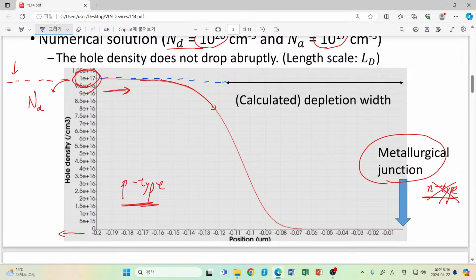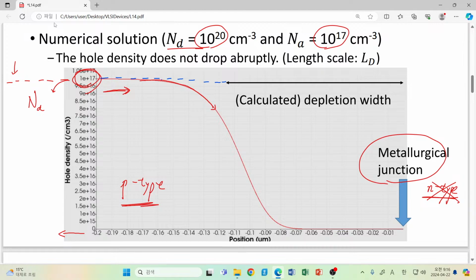Up to a certain point, the starting point of our depletion region, the hole density is quite close to Na. After that, once this depletion region starts, we assume an almost immediate depletion of hole density, and beyond this point there is no hole at all. That was the assumed profile of our hole density.